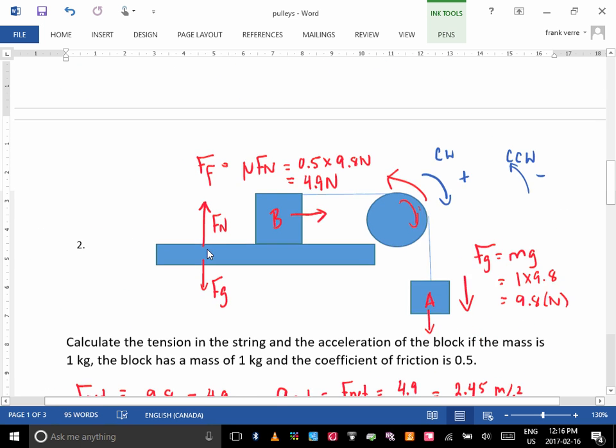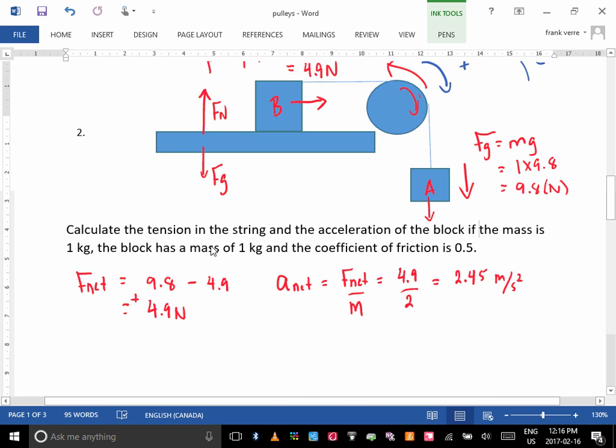So in this case, we're going to solve for the tension. We can look at it from the perspective of block B. Maybe that might even be easier. So let's look at block B, okay? We know block B has a net acceleration of 2.45 meters per second squared to the right.